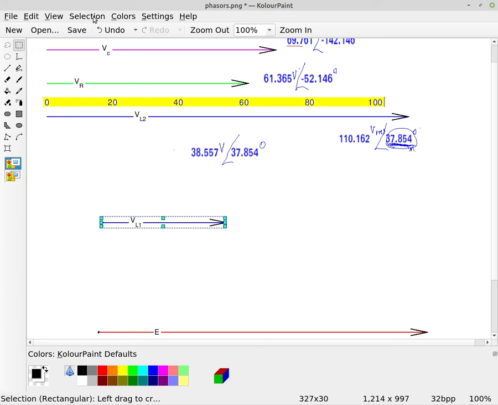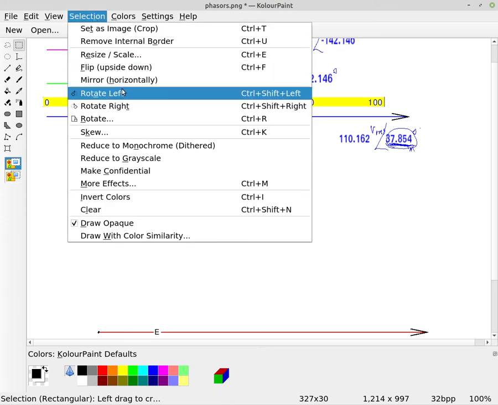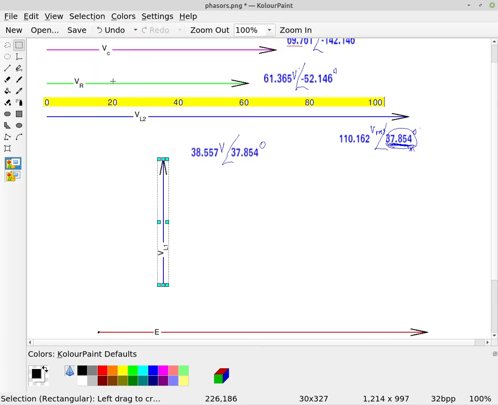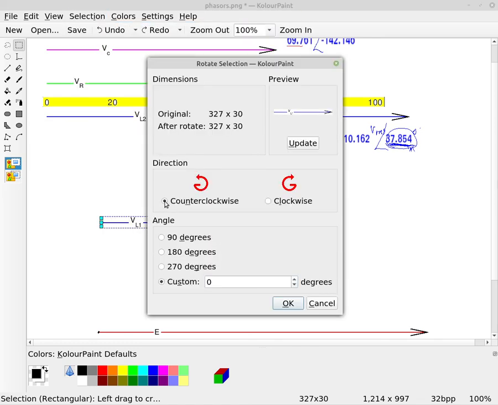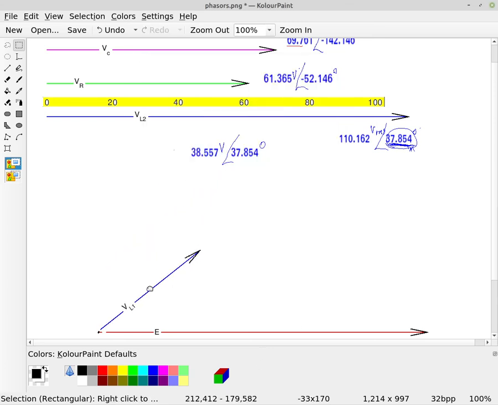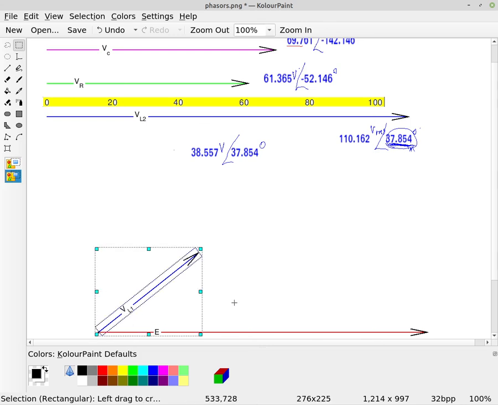I'm going to go to selection and rotate, and it's positive, so it's a counterclockwise angle, and that angle is going to be 38 degrees. So we're going to start from this point. Now I'm going to take this and attach it right there at the point that E started. All right, and so we went up.